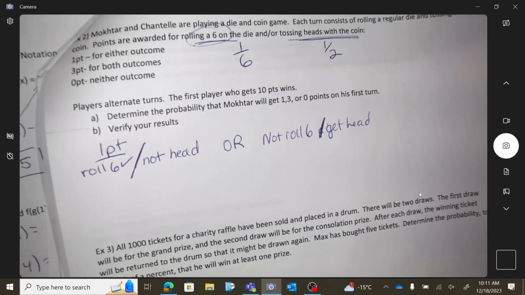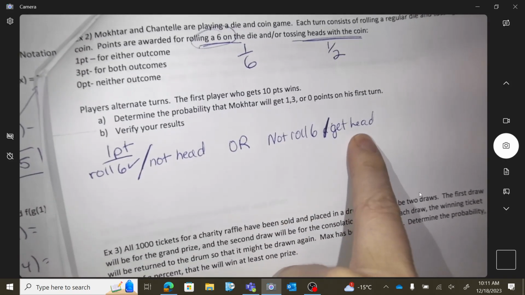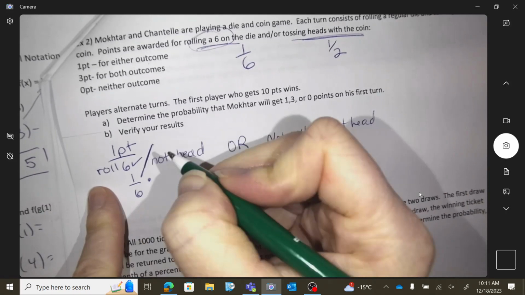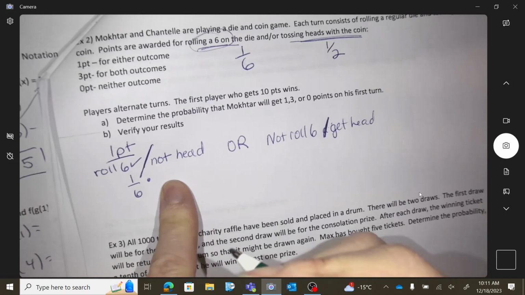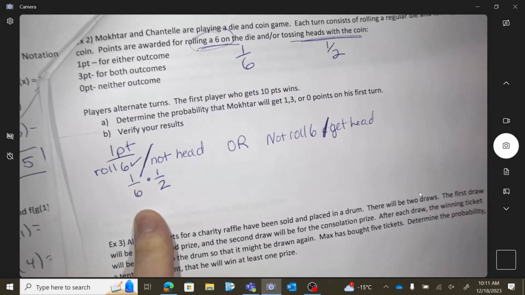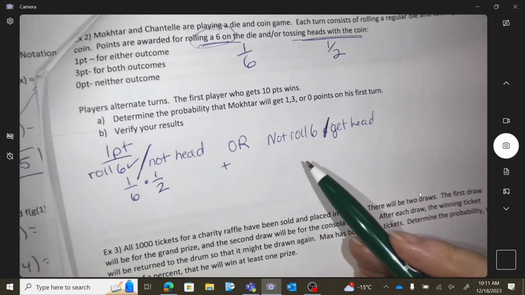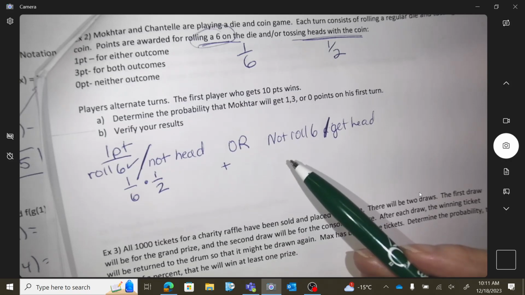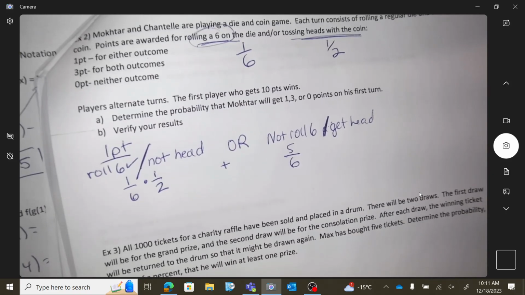Does that make sense? One of those things is happening. So if this happens, it's saying this one doesn't happen. Or if this one doesn't happen, that means that one has to happen. Okay, so how do you get a 6? 1 out of 6. What's the chance of you not getting a head on that coin? 1/2? Or, what are the odds that you would not roll a 6? 5 out of 6 times you won't get that 6.